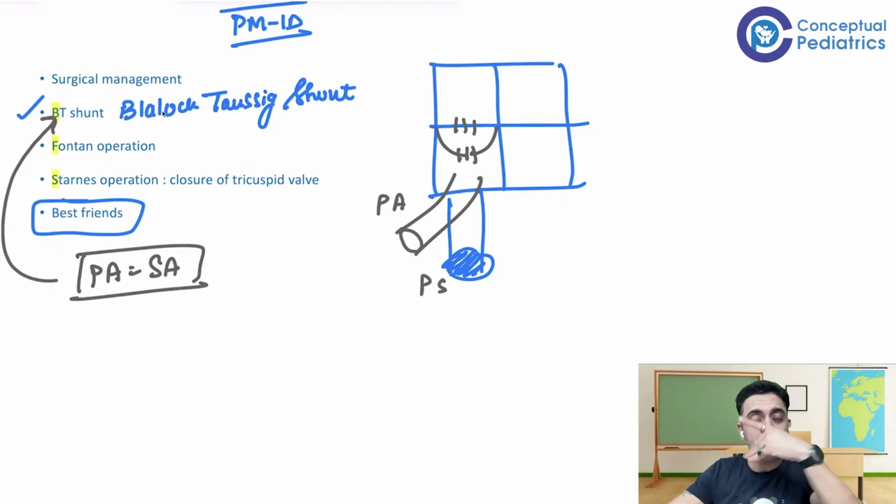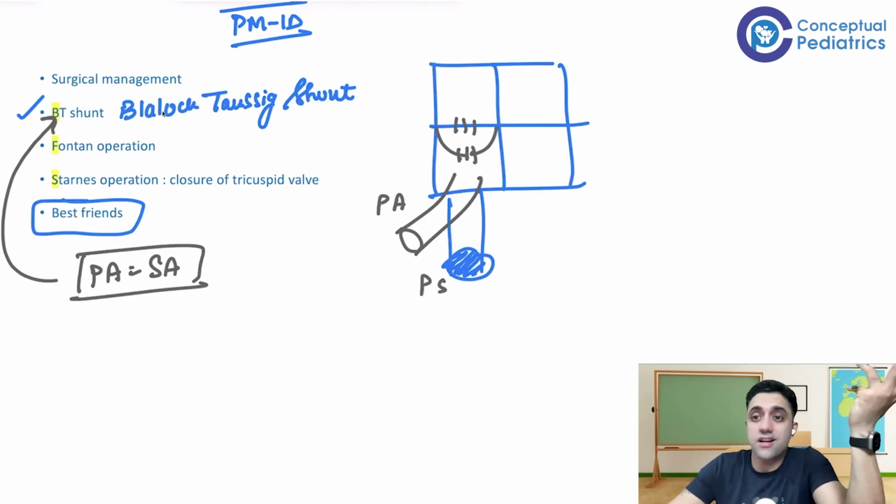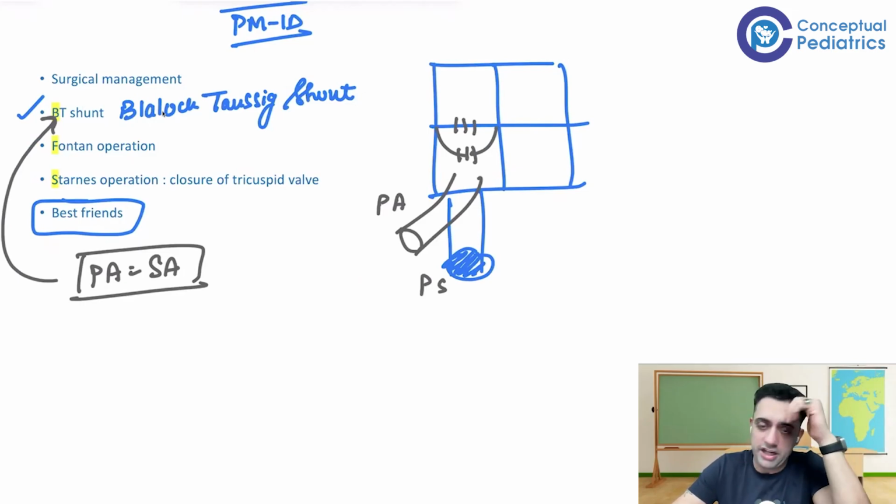Or I can say slowly on that road, flowers and trees and forest will start to grow because that road is no longer being used properly. So that is the same story. Eventually, you're going to have pulmonary stenosis in Epstein anomaly, and to prevent that, I will do a surgery known as Blalock-Taussig shunt, where I connect my pulmonary artery to the subclavian artery. That is one thought process.